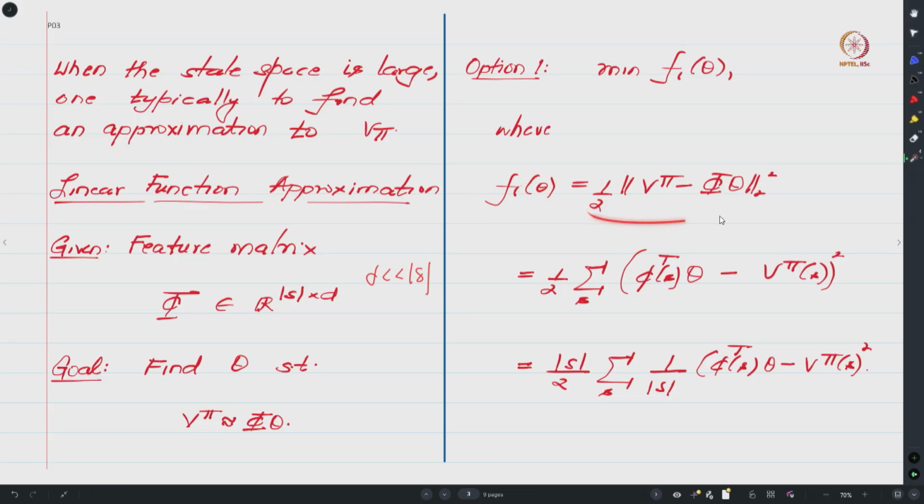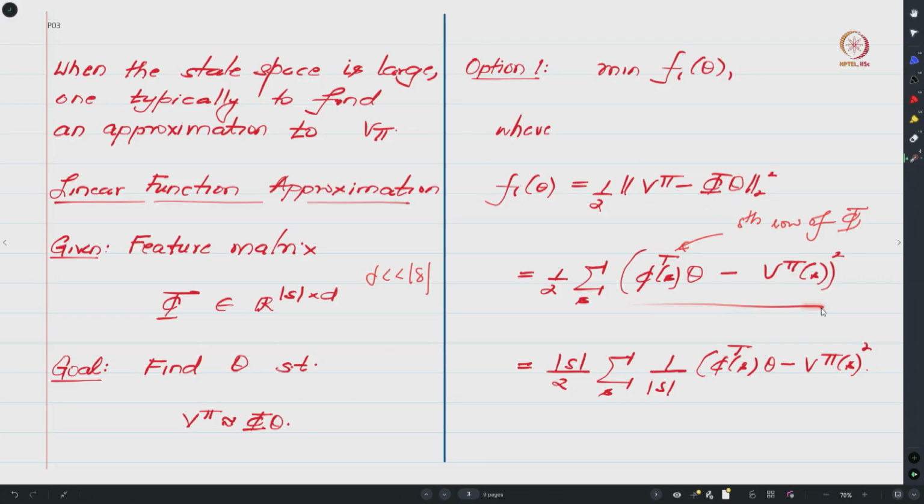Since this is the Euclidean norm, if I look at the Sth coordinate of V pi, which is V pi of S, and the Sth coordinate of phi theta, it will be phi S transpose theta, where phi S transpose is the Sth row of phi, the row vector. So you can take the difference, square it and sum it over different little s's. This will be the Euclidean distance between V pi and phi theta, and we could try to minimize it.